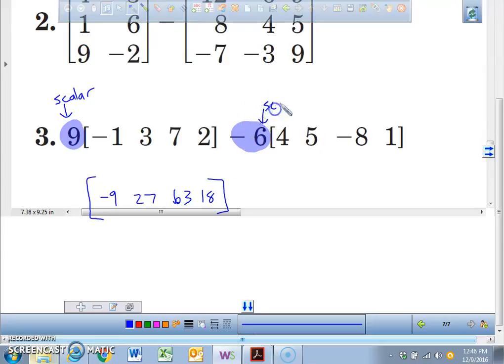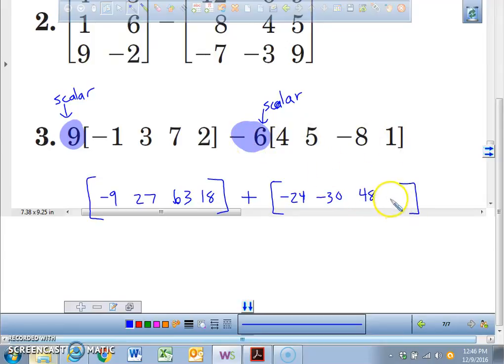And this is actually being scaled up by 6. But what are we eventually going to have to do anyways? We're going to have to subtract these, right? So what I like to do is I like to just multiply everything by a -6 and just put plus. So I'm going to do -6 times 4 and get a -24. -6 times 5 gets me a -30. -6 times -8 gets me a +48.